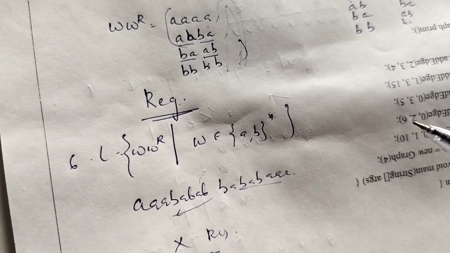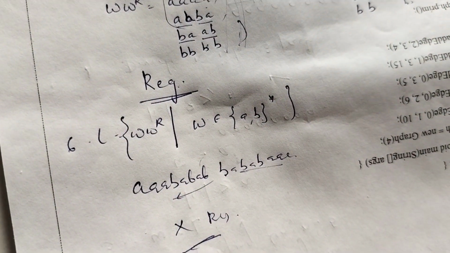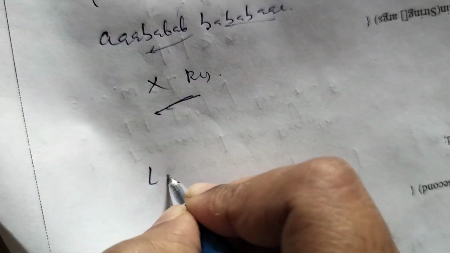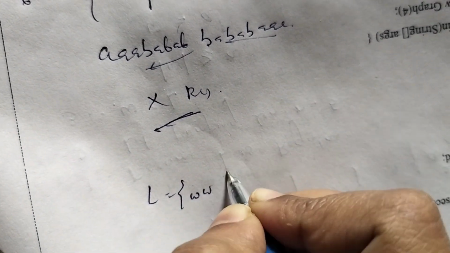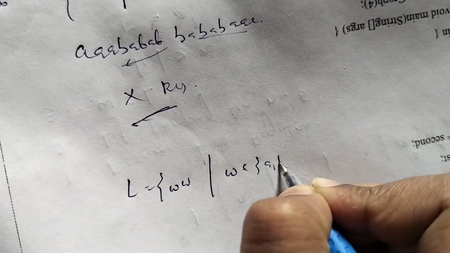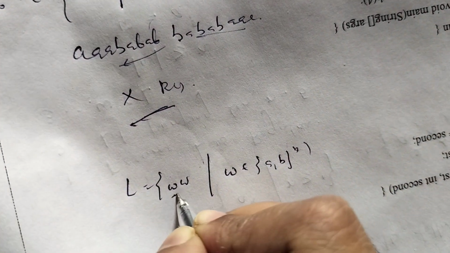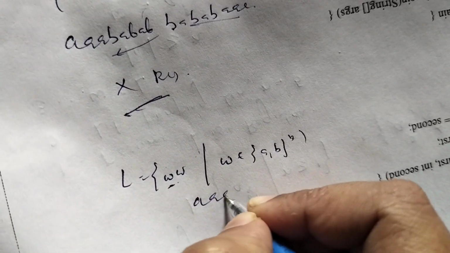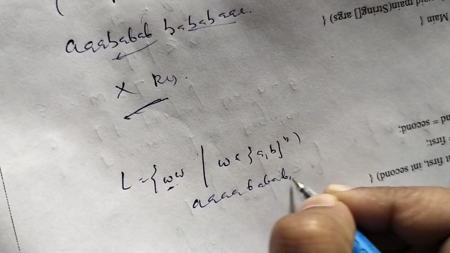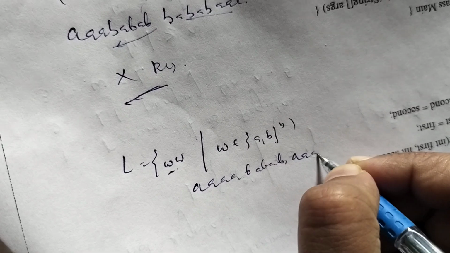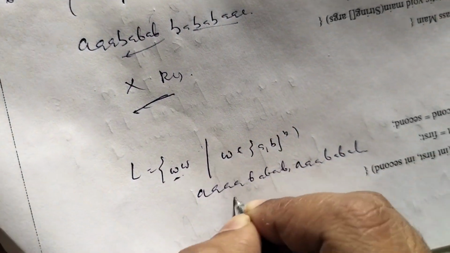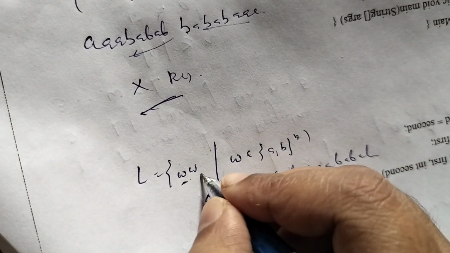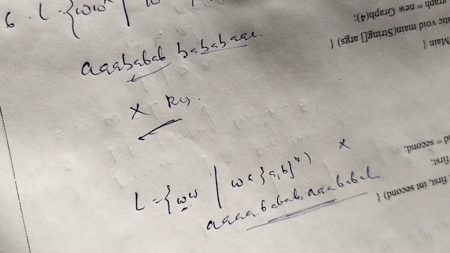We can't draw a finite automata for this language. Now if it is L equal to WW, where W belongs to {a, b} star, in this case also, depending upon the length of W, if W is AAABA, then followed by the same thing, AAABA, we can't store that much string in a finite automata. So this language is also not regular.